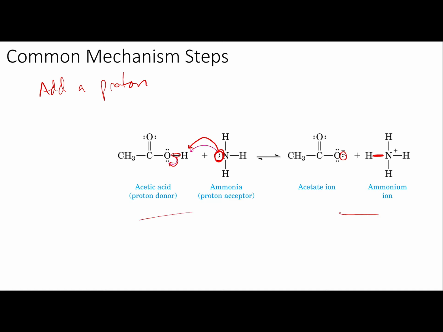So this is before, this is after. And so in pattern 1, we tend to see add a proton. There's also another one, pattern 2, which is remove a proton, okay? And so add a proton looks just like what happened here. Remove a proton looks just like what happened here, okay?